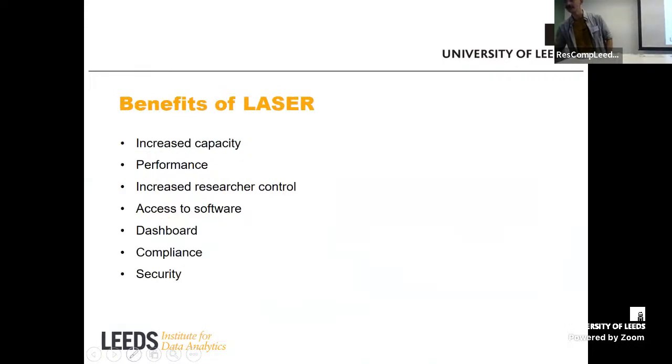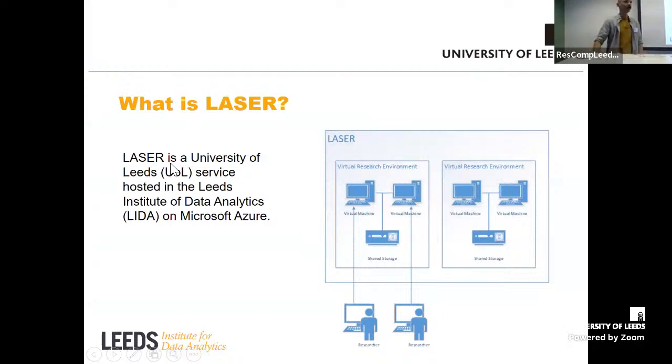It's maintained by University of Leeds IT Services and supported by the data analytics team at LIDA. In its simplest form, a virtual research environment sits on LASER.